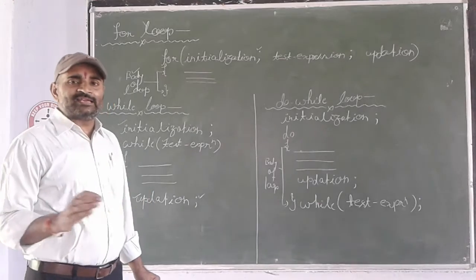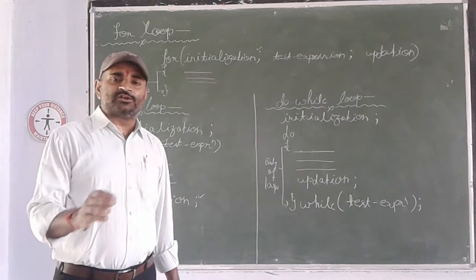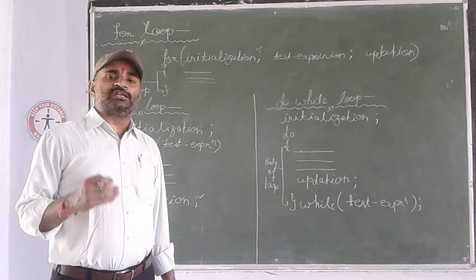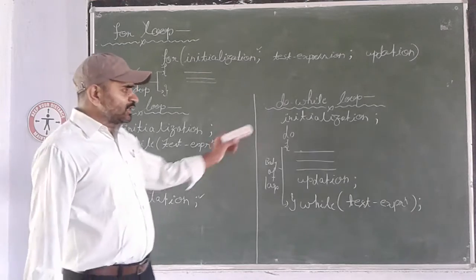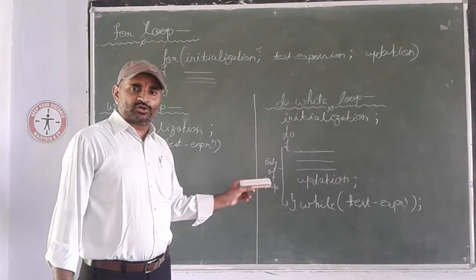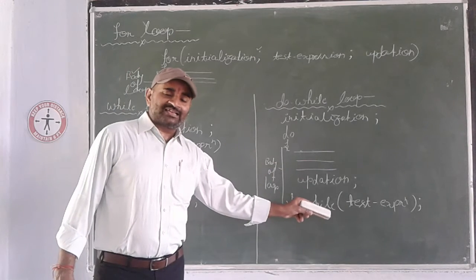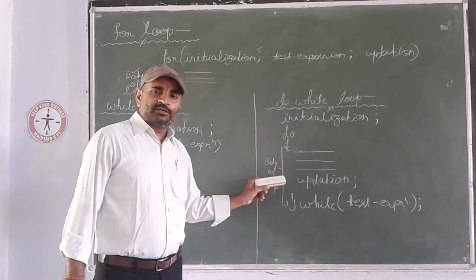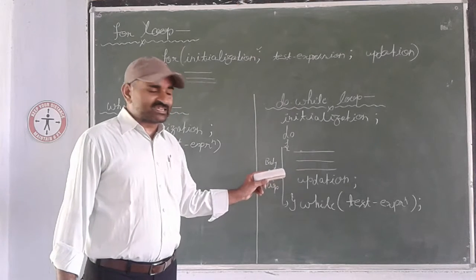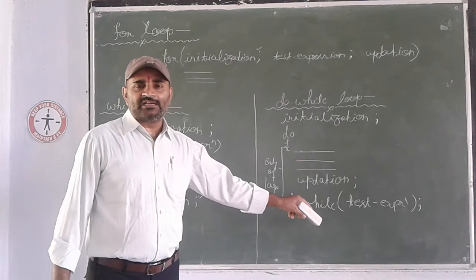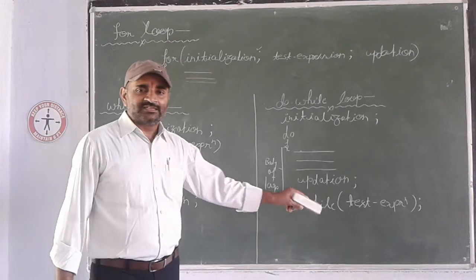There is no execution in an entry controlled loop if the condition is initially false. But in a do while loop, or exit controlled loop, even if the condition is initially false, the loop executes once, since the condition is given after the body of the loop. Right?